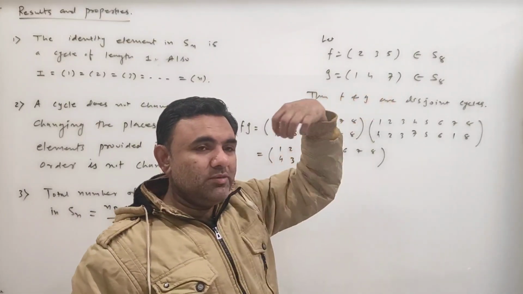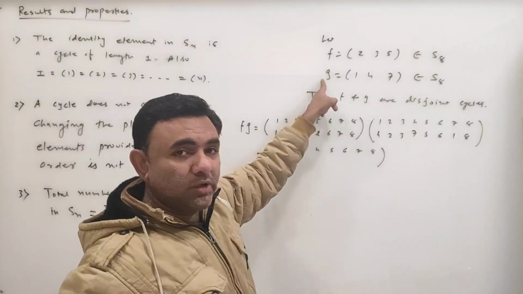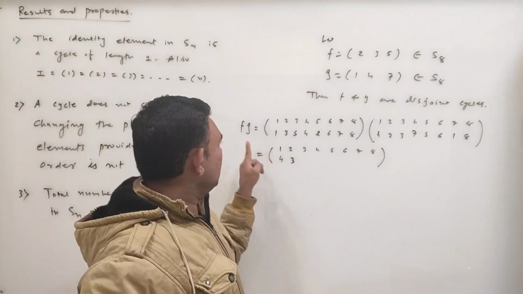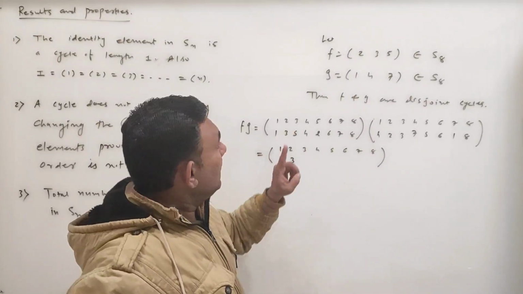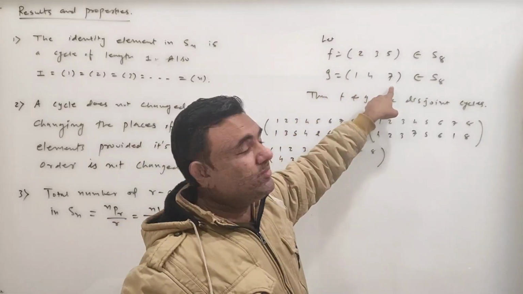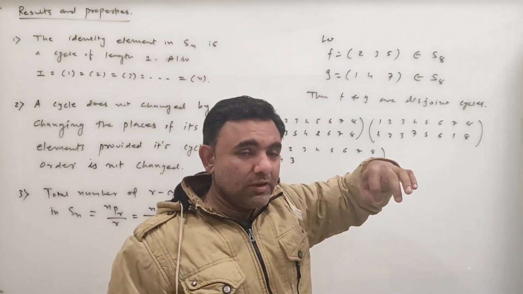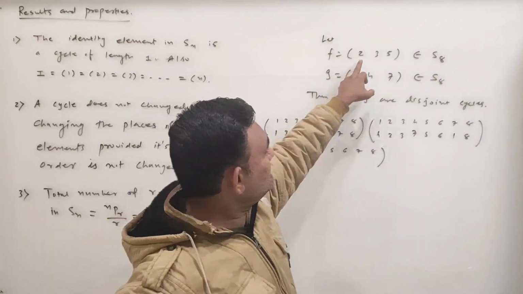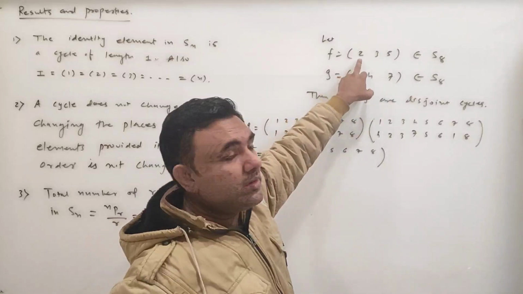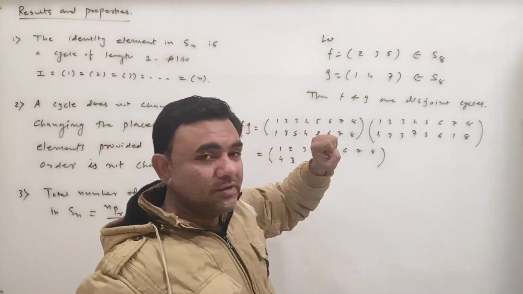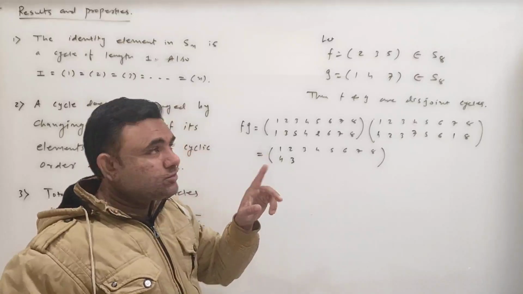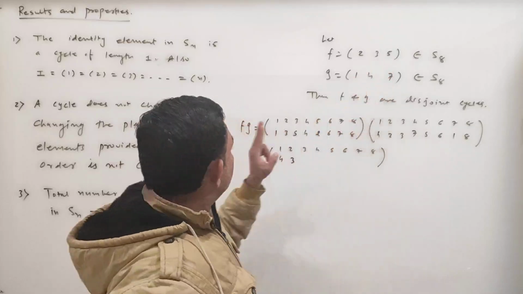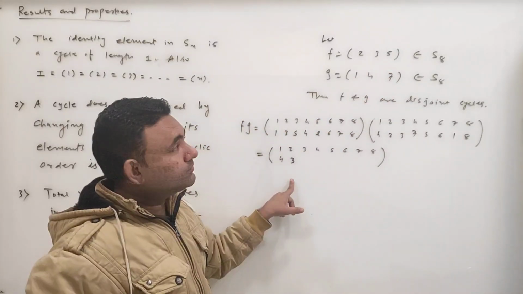So whatever the image of 1 will be, that is due to g only. So in g, what is the image of 1? 4. So the image of 1 in fg is 4. And here 2 is present in f but not in g. So what will be the image of 2 in fg? That is due to f only. In f the image of 2 is 3, so in fg also the image of 2 will be 3.